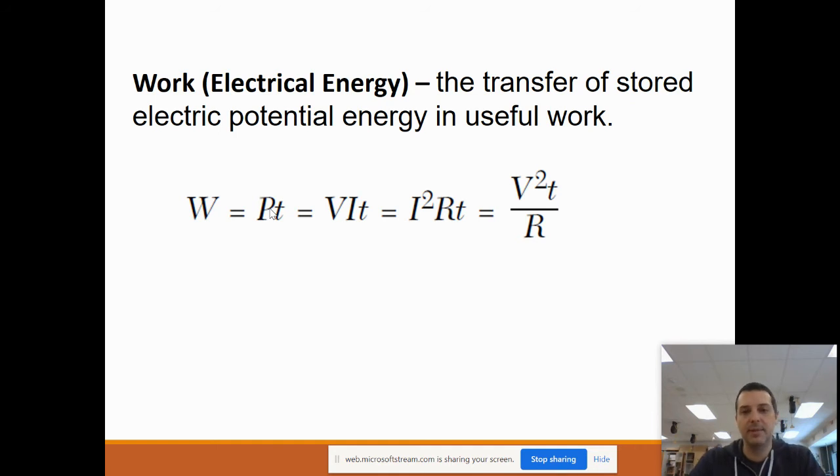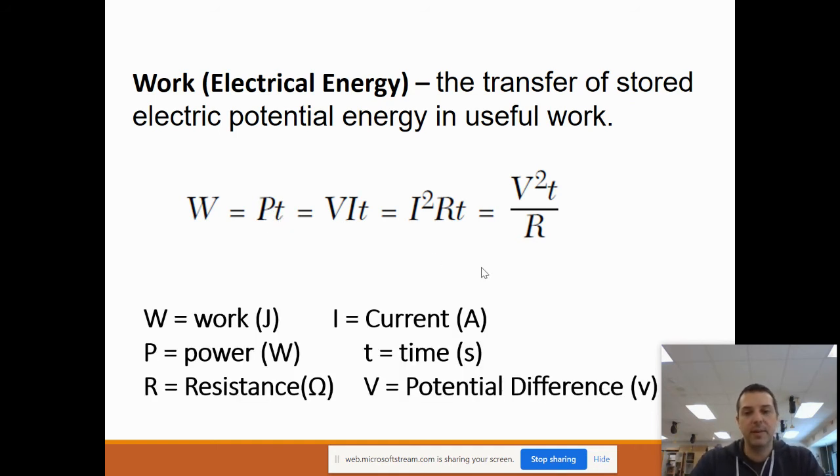Power times time gives you the amount of work done. You can see here that we have all the different equations we had for power: voltage times current, current squared times resistance, voltage squared divided by resistance. We've just taken all our power equations and multiplied them by time. We want to find out how much electrical energy has been expended by an electrical device.